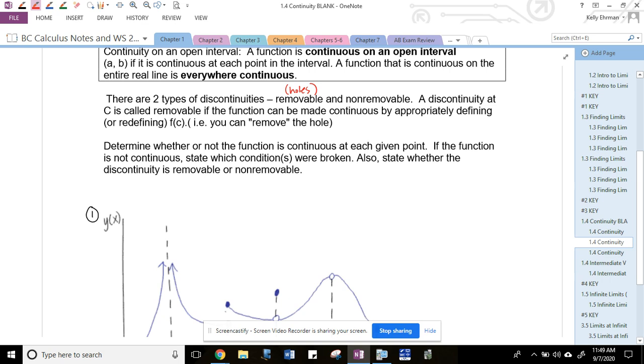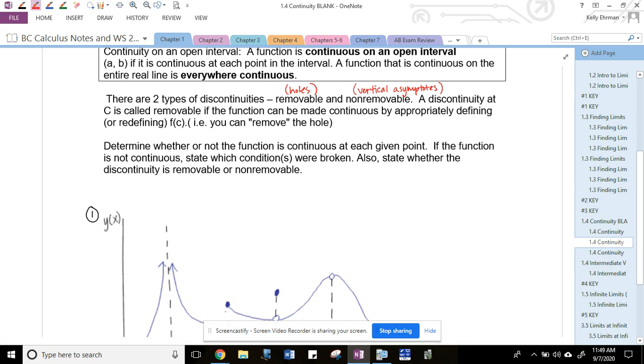So we can kind of remove that by simplifying the function. And then non-removable, those are vertical asymptotes. Because even if you simplify a rational function, whatever was left in the denominator, that was the vertical asymptote, so non-removable.